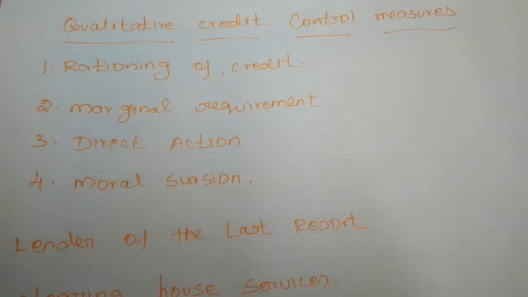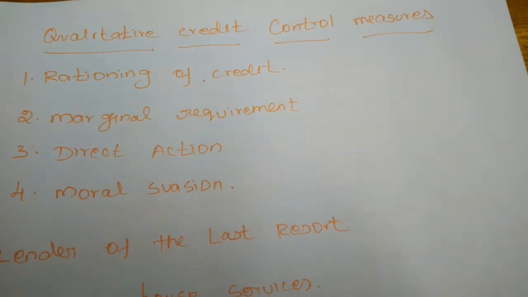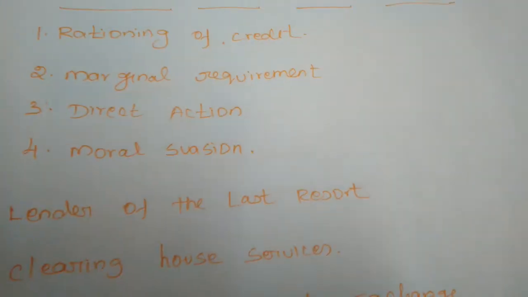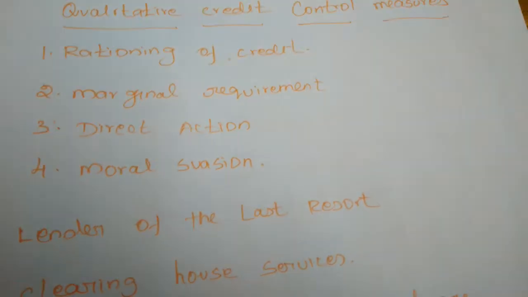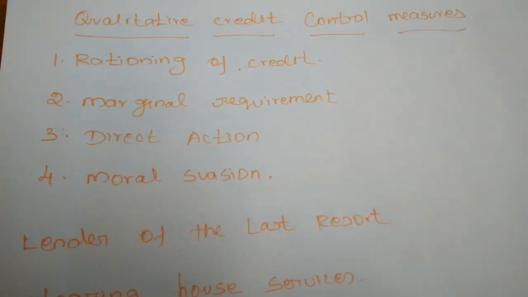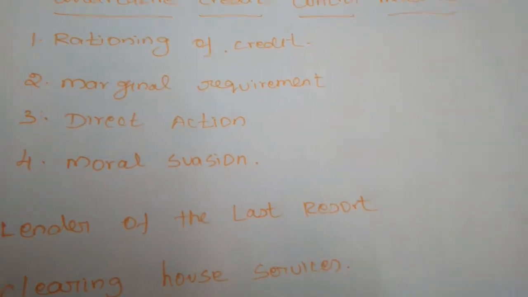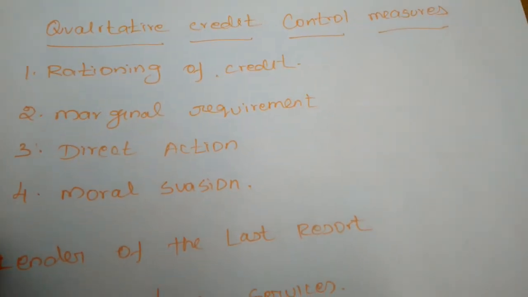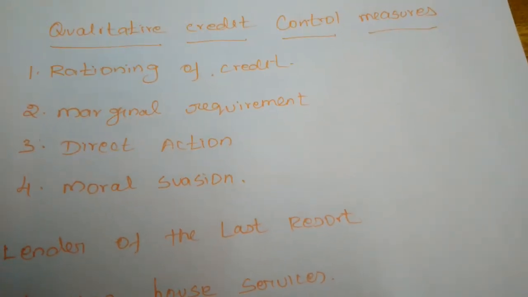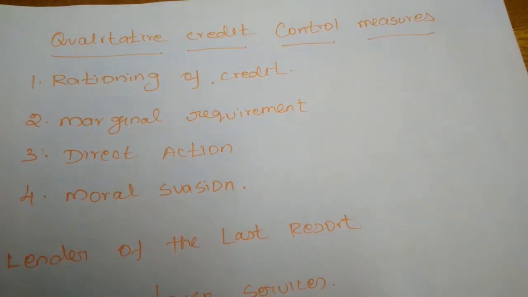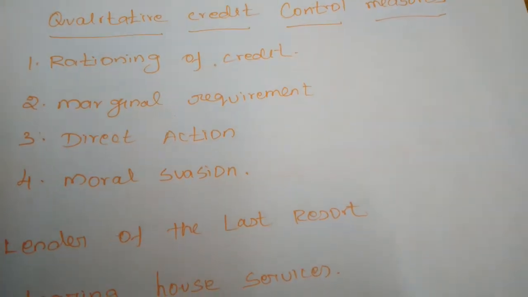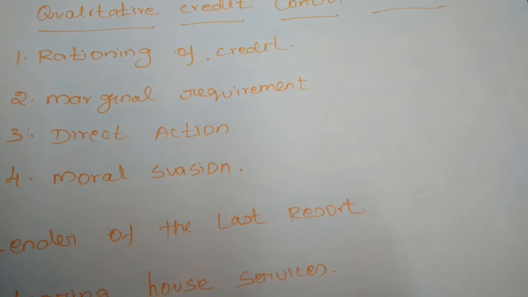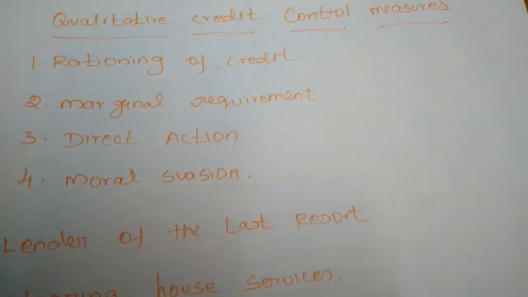Certain period means the inflation time and the deflation time. In inflation time, the Reserve Bank of India will urge the commercial banks to reduce the credit facilities. In deflation time, the RBI will urge the commercial banks to be liberal in providing loans.